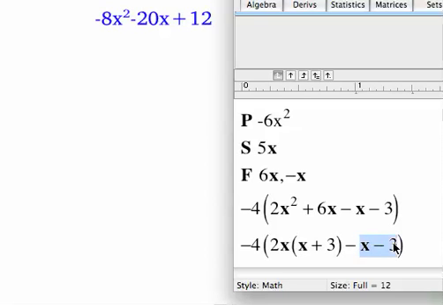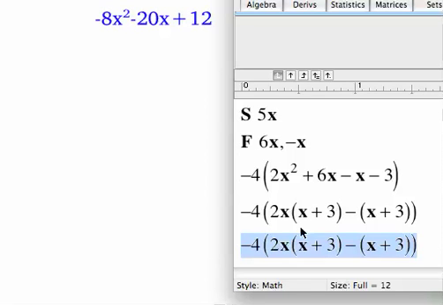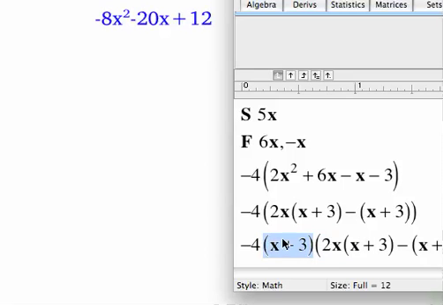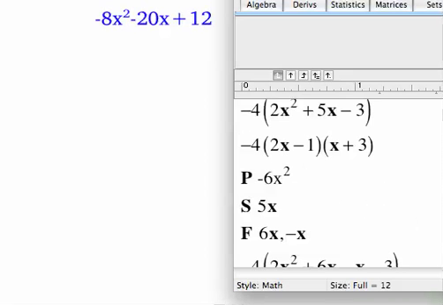If I factor out the minus 1, we're left with x plus 3. Now the x plus 3 is common, so I'm going to factor that out. Removing the x plus 3 in each case, I'm left with 2x minus 1.